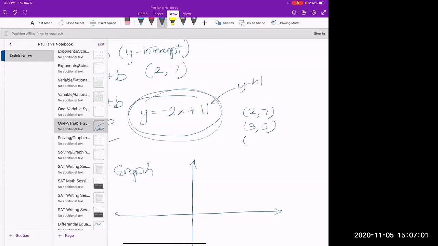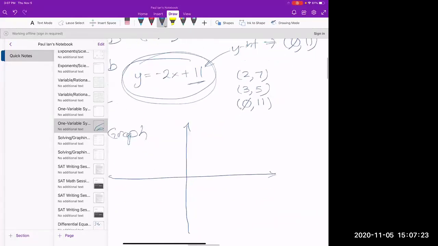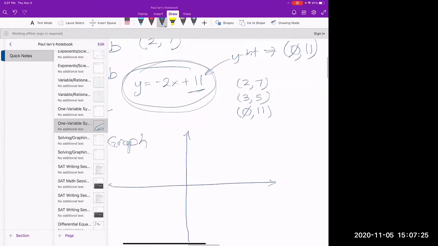Yeah. And what does that mean for your x? 0. And what is your y? 11. Yeah, that's what that means. When you see the 11 right here, it means you have a point that's 0 for x and 11 for y. I always say that because sometimes people are like, oh, we have a third point?